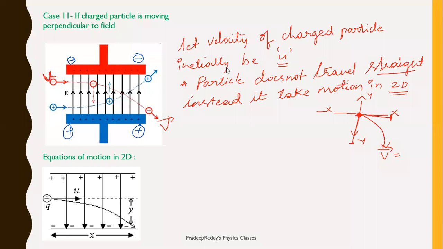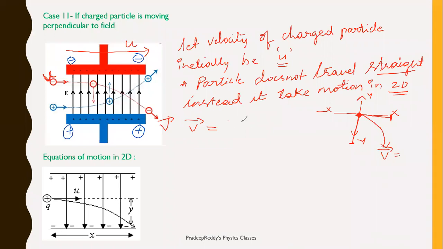So finally, you can write this velocity as v bar is equal to, because it is traveling along the x-axis, the magnitude will be u, because along the x-axis there is no force acting on the charged particle. Therefore, the initial velocity along the x-axis is u, and it remains the same.